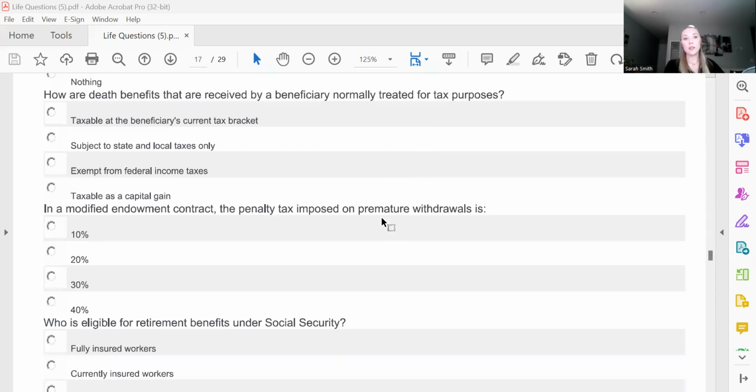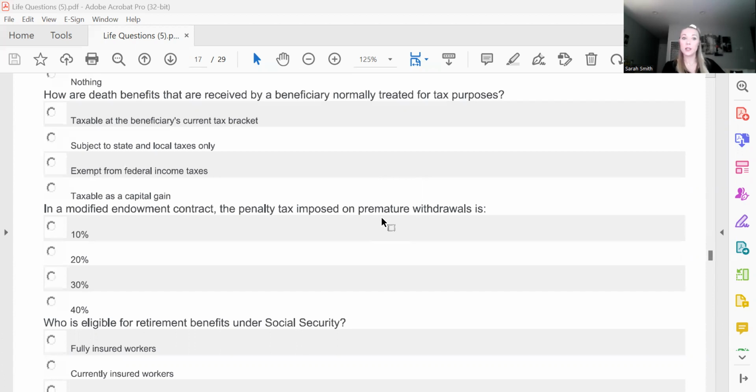How are death benefits that are received by a beneficiary normally treated for tax purposes? I'm going to go a little bit deeper in this explanation with you guys because I'm a little bit wiser these days and have learned a bit more.